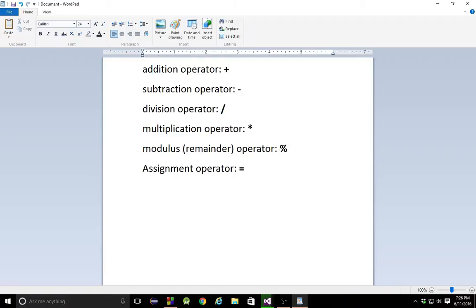So let's say I did 5 modulus 3. It would actually give me back 2, because when you divide 5 by 3, it goes in 1 time, and then there are 2 remaining.